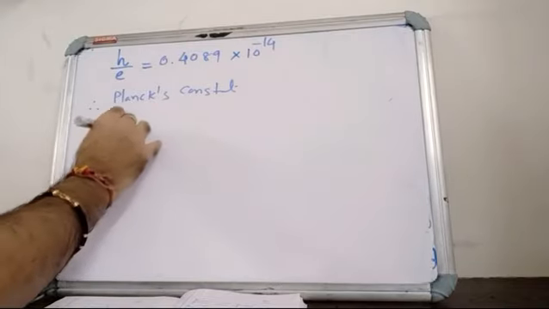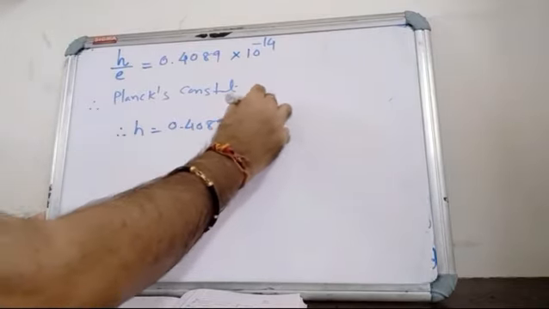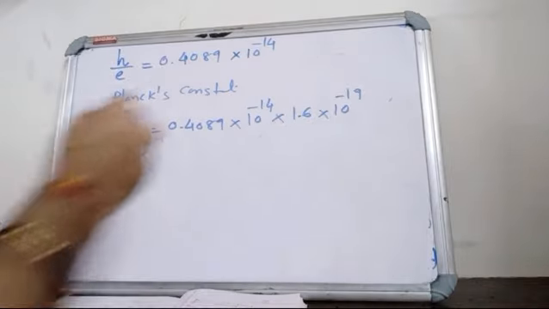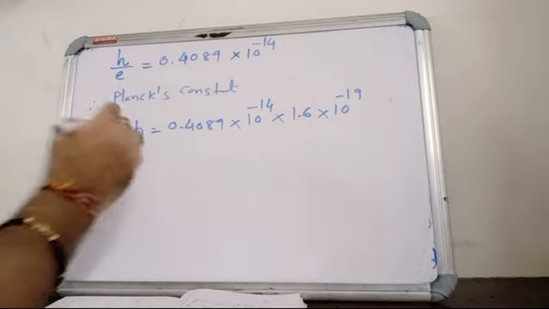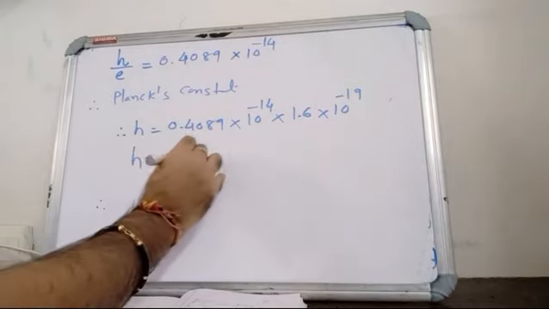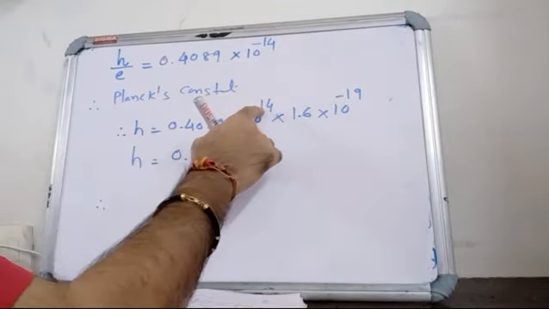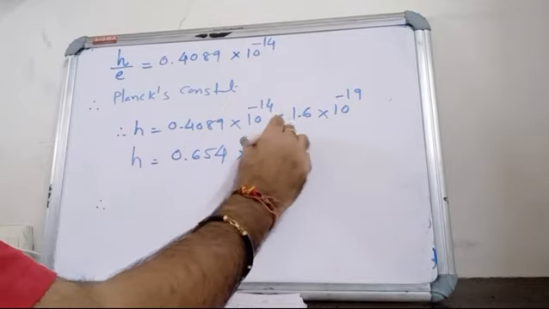Therefore h is equal to 0.4089 into 10 raised to minus 14 into 1.6 into 10 raised to minus 19. If I multiply by 1.6, then it is 0.654 into 10 raised to minus 14 minus 19, that is minus 33.